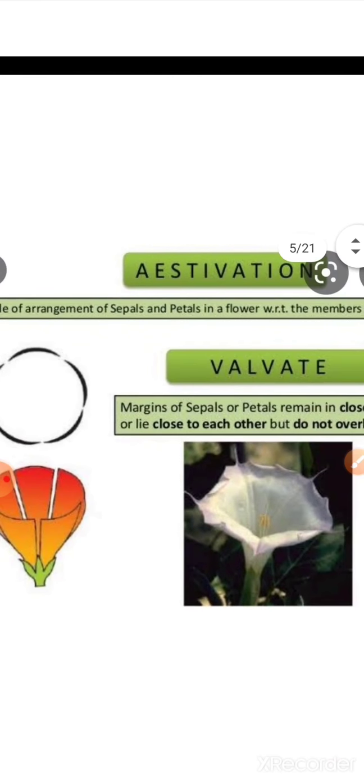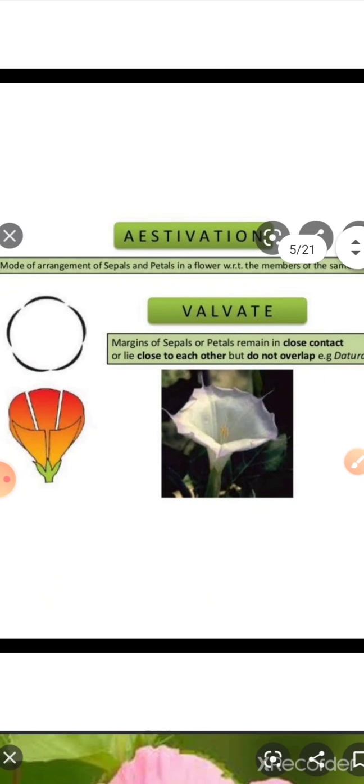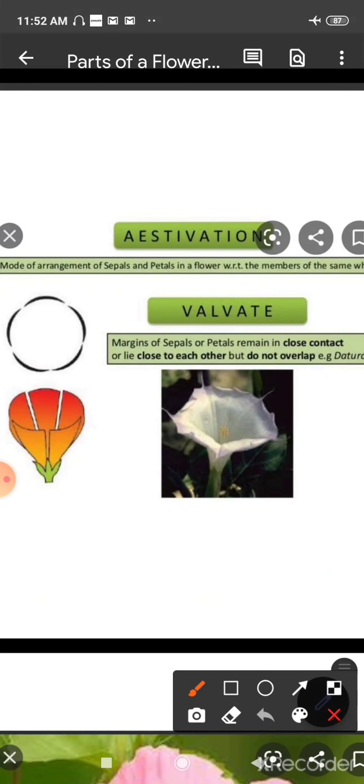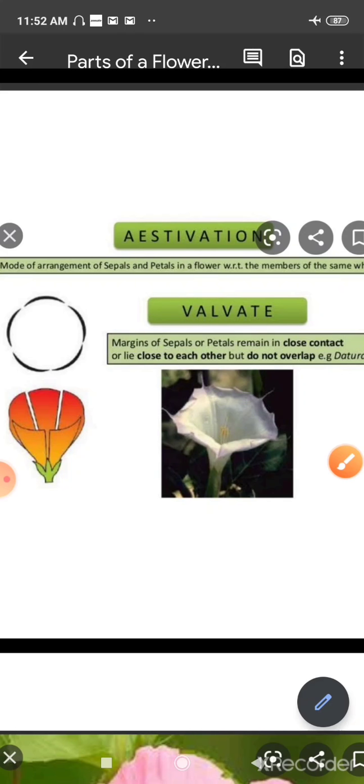Then again I'll show you the valvate estivation. There's a diagram here, you can see this is the valvate estivation, and you see how these petals are touching each other. Here you can see, but they are not overlapping each other, right? So that is the valvate estivation, where the margins of sepals or petals remain in close contact with each other, or lie close to each other, but they do not lap each other.